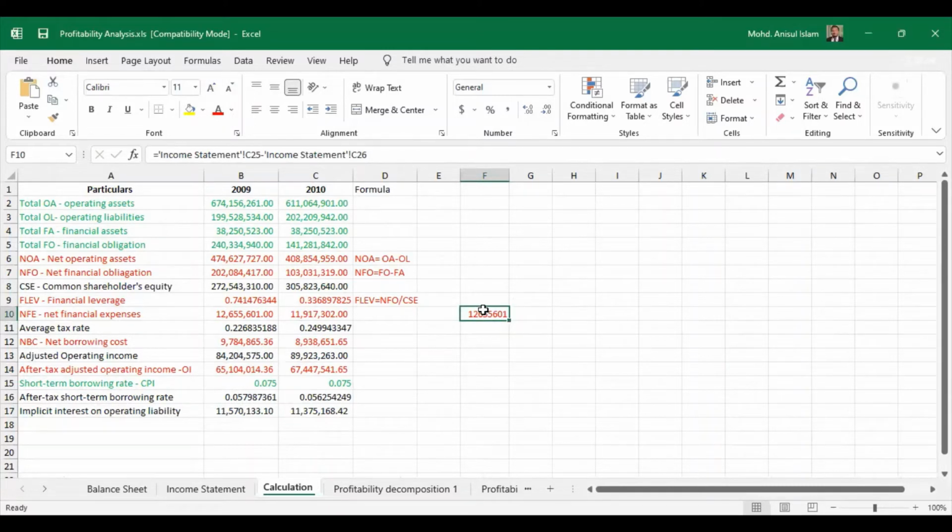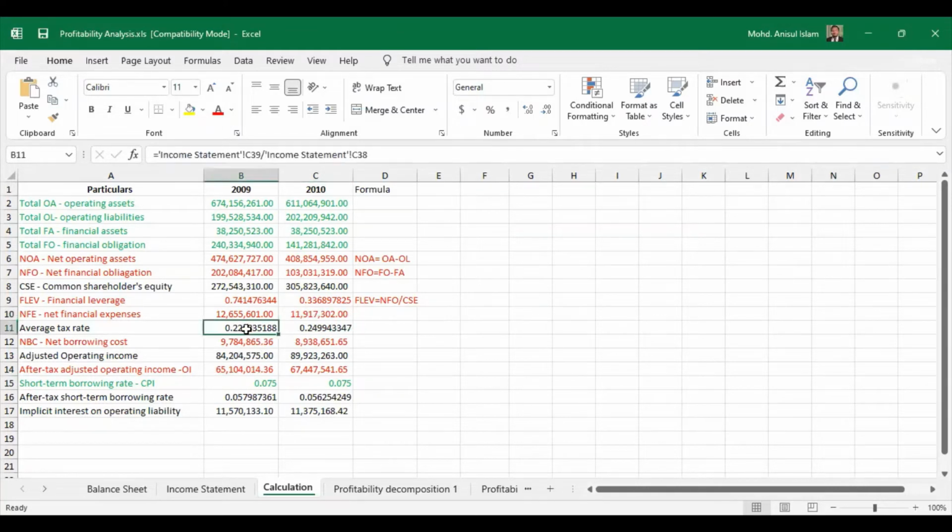The company which has more net financial obligations, or the company which has more financial assets? The company which has more financial obligations, absolutely. And otherwise, it would have negative net financial expenses, or it would have positive net finance income.